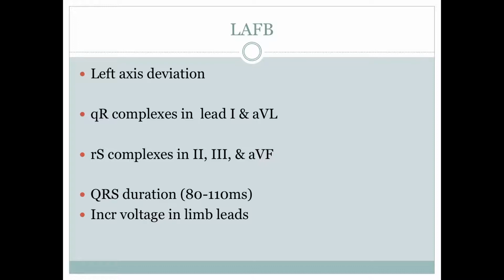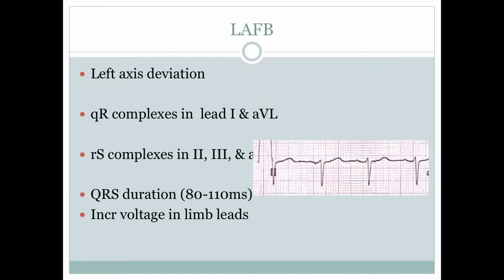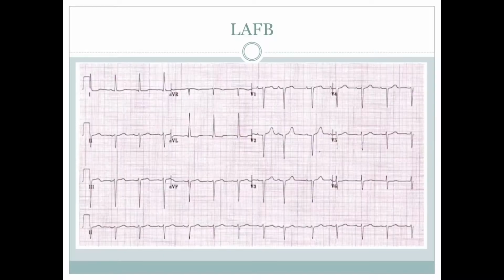So looking into a couple examples, the QR complexes look like this in leads 1 as well as AVL. And then in the inferior leads, you see something that looks like this. So you see here that there's a small R wave and then a very deep S wave in the inferior leads. And when you combine the two, you get something that looks like this.